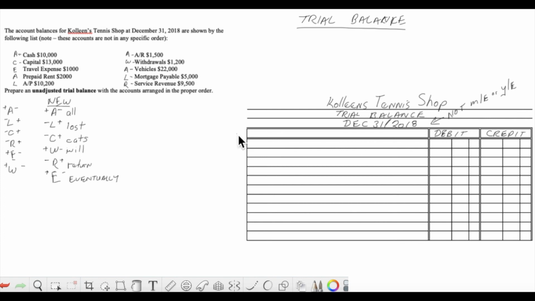Okay. So because we have to use these new ones in the order in which we're going to label them, that's what we need to do first. So let's start looking through. We know assets are first, so which one of these are assets? Cash is an asset, and so let's write that one down. So cash.